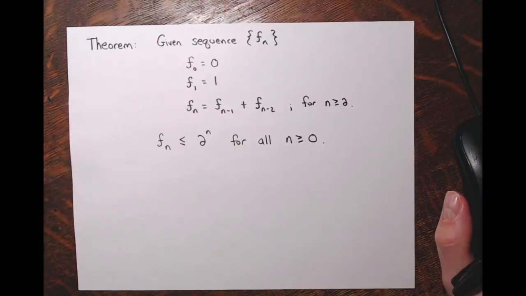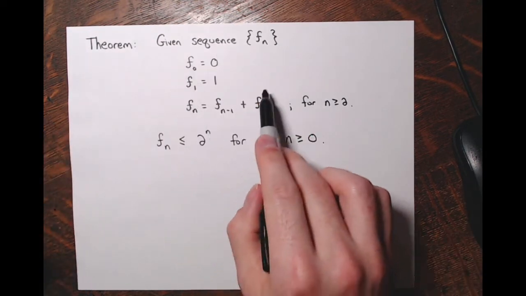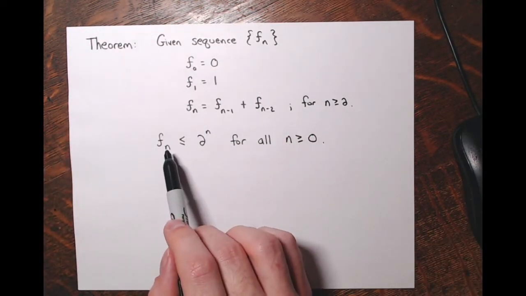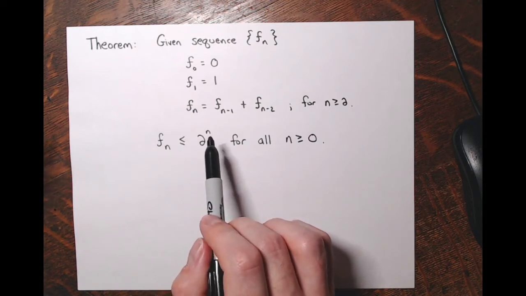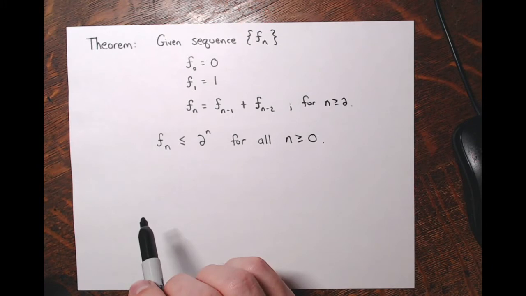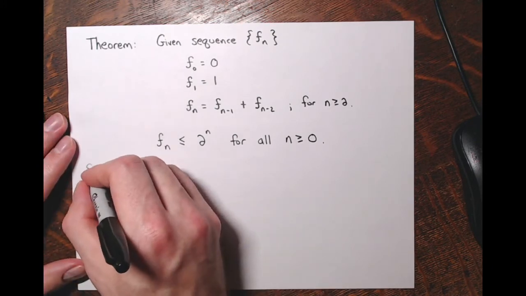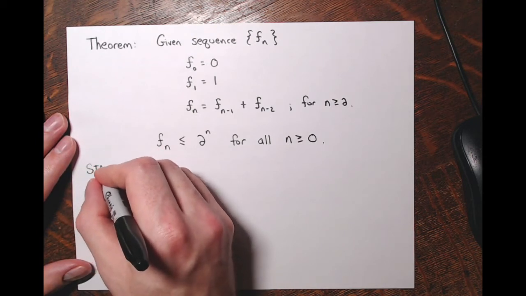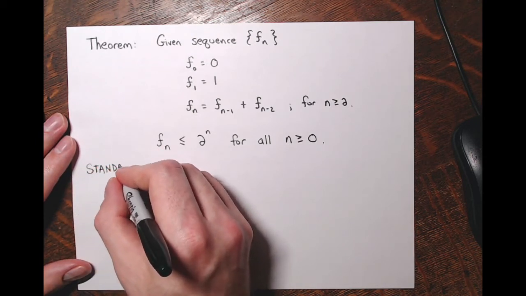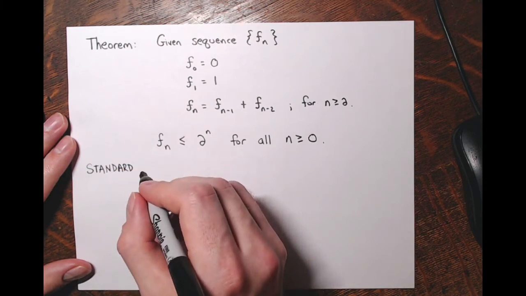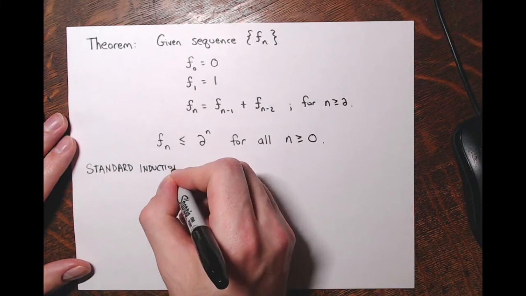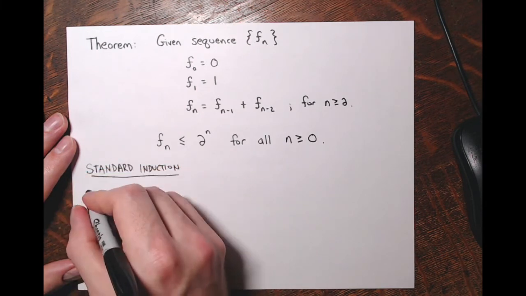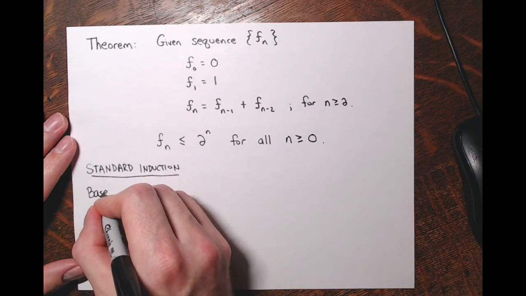So here's the theorem. Given the Fibonacci sequence, the nth Fibonacci number is less than or equal to 2 to the nth power for all n greater than or equal to 0. Remember the standard induction. If I tried to do a proof using the mathematical principle of induction that we've seen, I would do it in the following way. Remember, there was a base case.